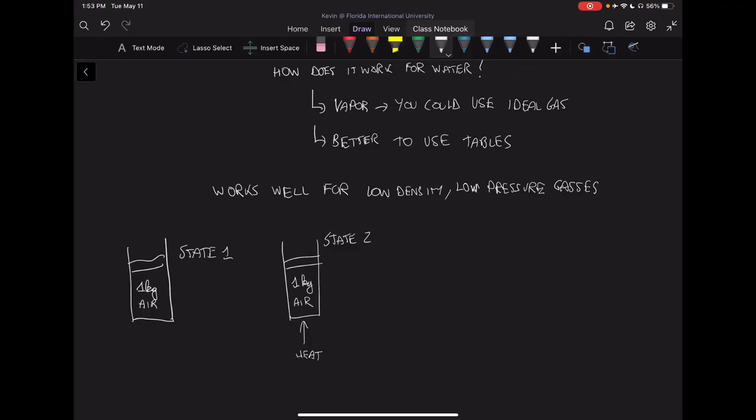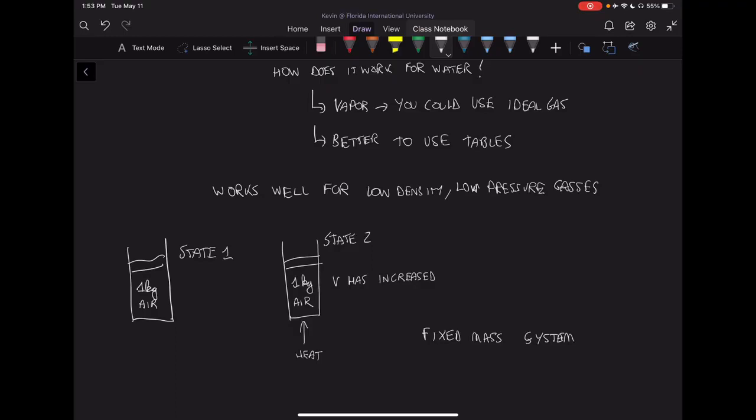Okay, now what is nice about the ideal gas equation is, if we have heat, volume has increased, and maybe temperature has increased as well, but definitely volume has increased. And if we have a fixed mass system, so now we're looking at air, we're not looking at water or R134A.